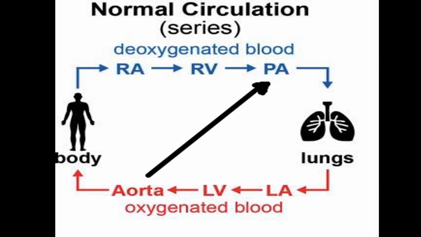If we have a QP:QS less than 1, which means that the pulmonary blood flow is less than the systemic blood flow, this will cause low flow to the lungs and high flow to the tissues. But this high flow to the tissues is very deficient in oxygen and severely desaturated.